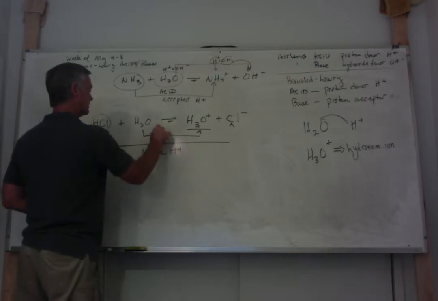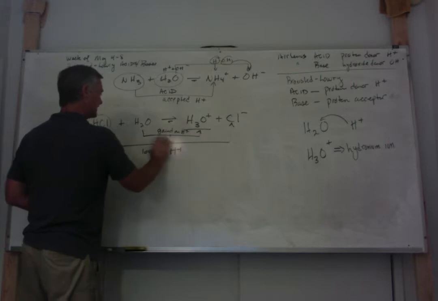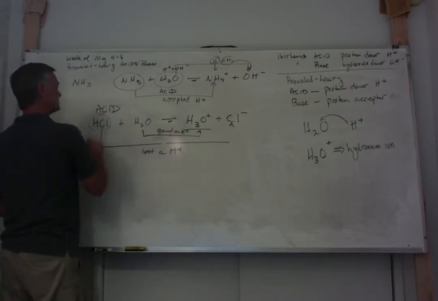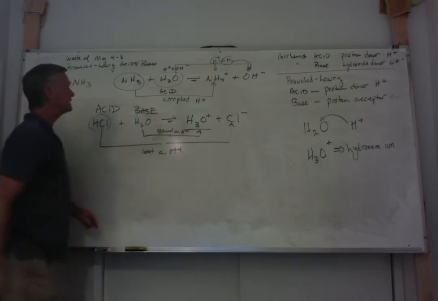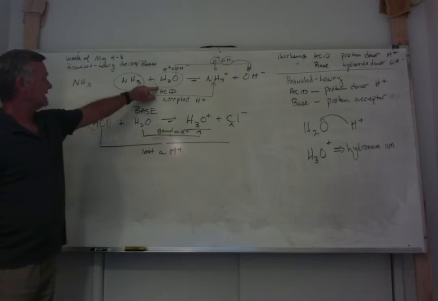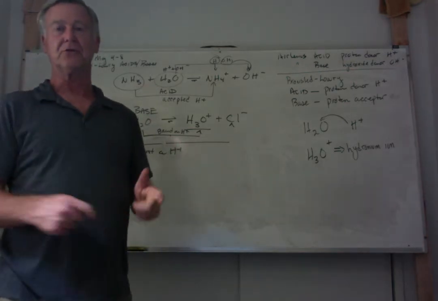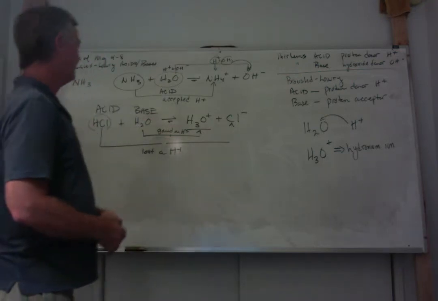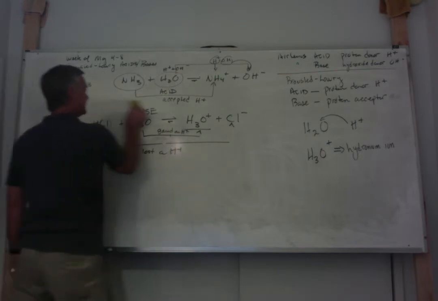And in this reaction then, HCl is our acid and H2O is our base. Notice that the water was an acid in the previous reaction, and it's a base in this reaction. That's because water can either lose an H+ or gain an H+, and therefore it can fit both definitions.